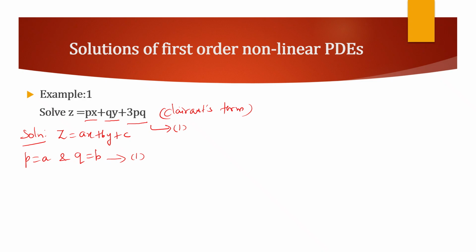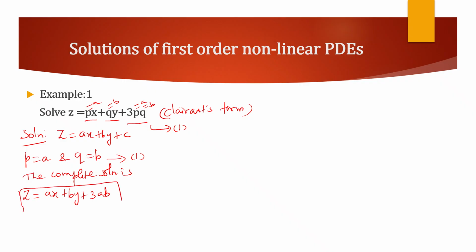In the second type of nonlinear PDE, just by replacing p as a and q as b, we get our complete solution. So here the complete solution is z is equal to ax plus by plus 3ab. Now we have our complete solution.